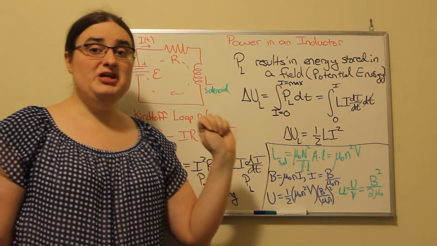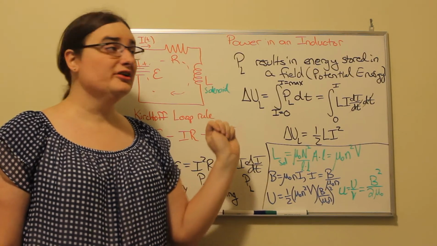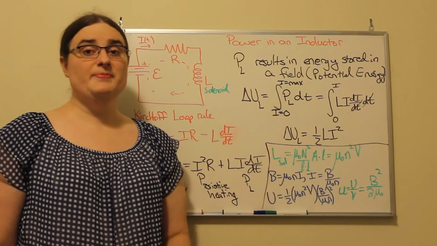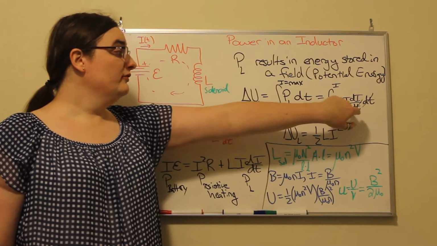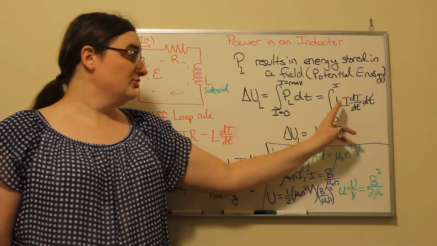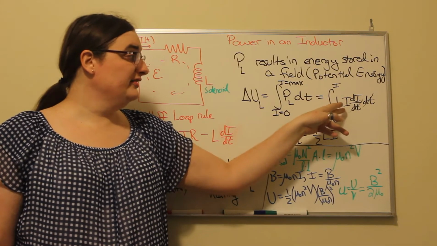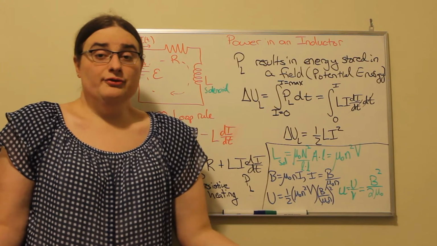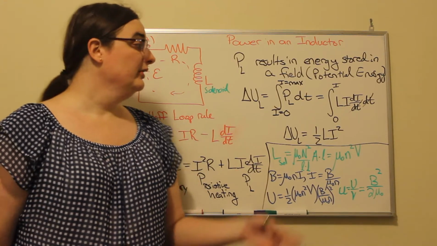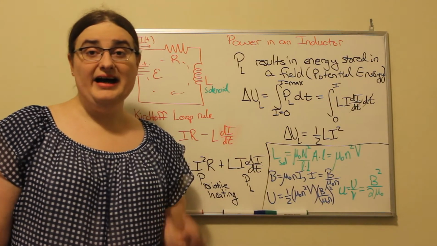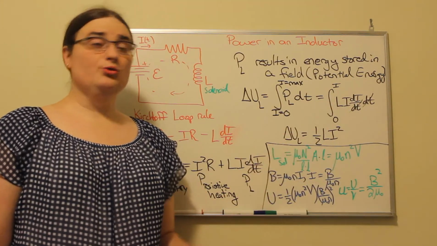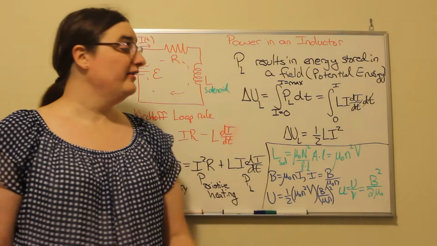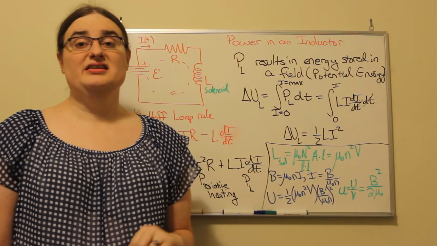So the change in potential energy that we get on our inductor is going to be the integral of the power of the inductor with respect to time. Filling in my power, the inductance, which is a constant, times the current, times dI/dt times dt, that differential dt cancels out. And the integral of I dI is a trivial power rule integral. That's going to give me a value of 1/2 I squared times my constant inductance L.